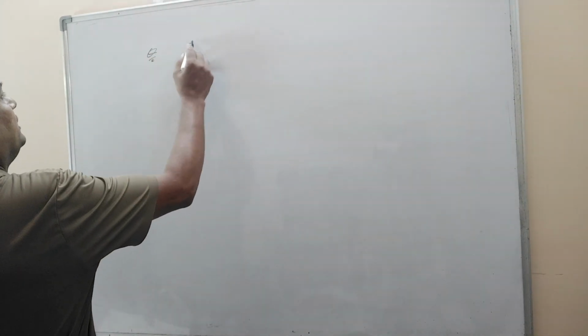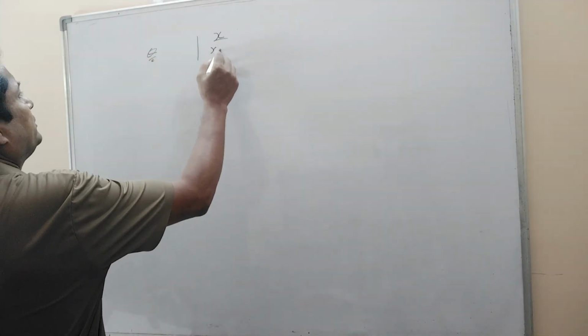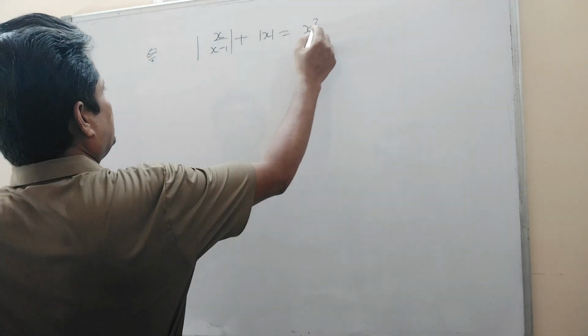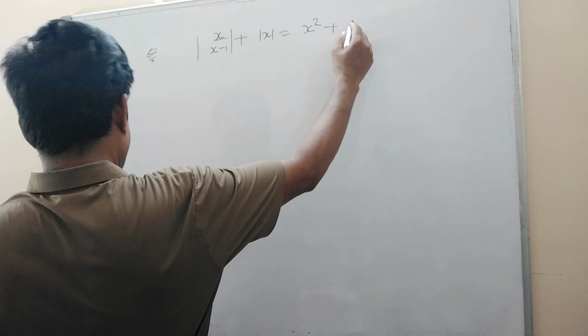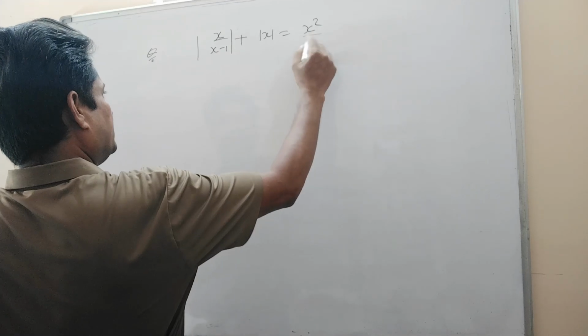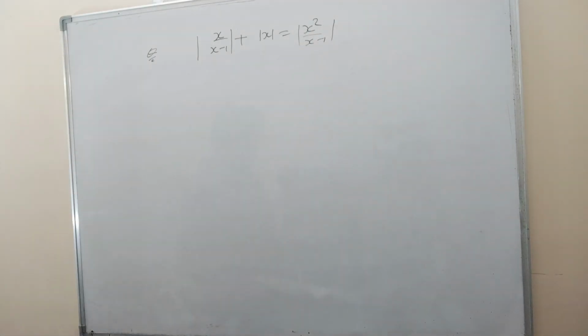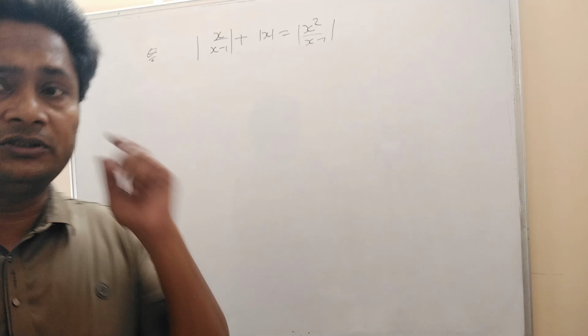Now next question is, let's say, if mod of x over x minus 1 plus mod of x is equal to mod of x square plus x square over x minus 1. This is given. So how will you solve this question?